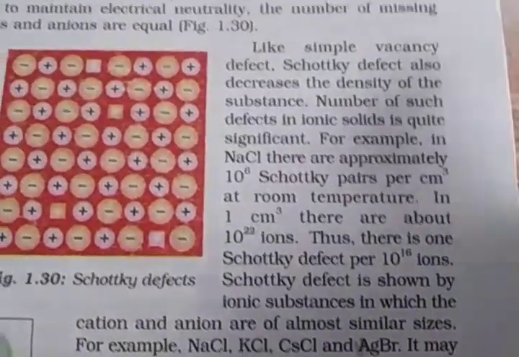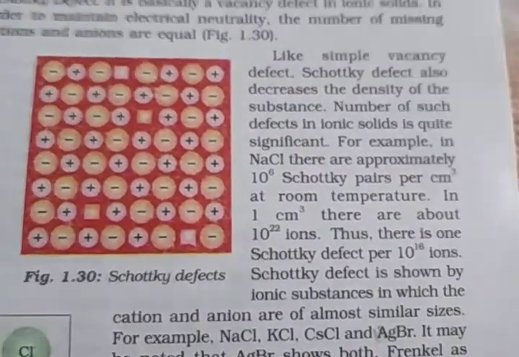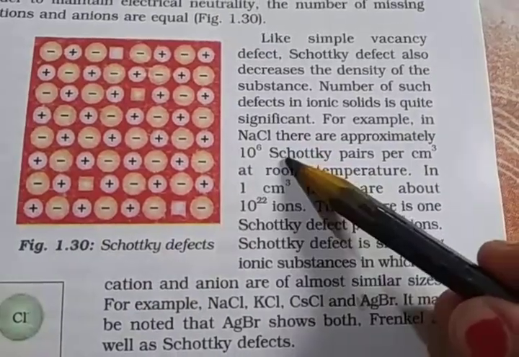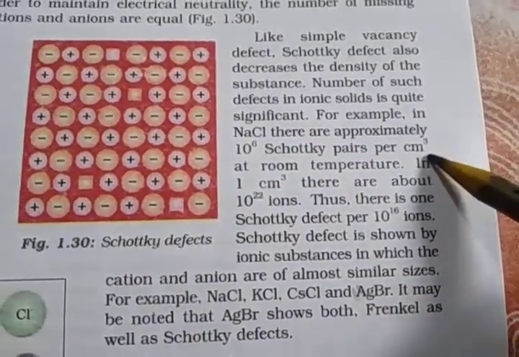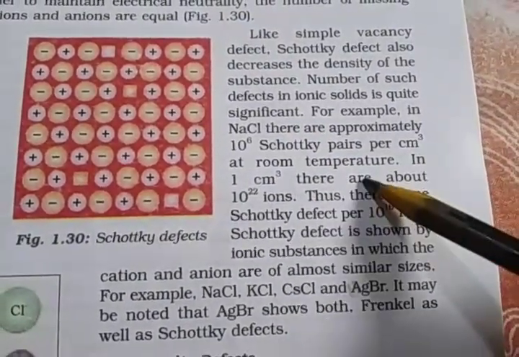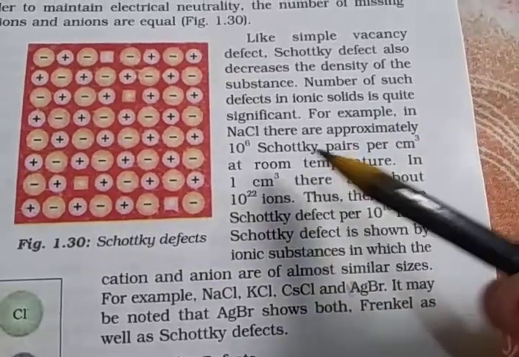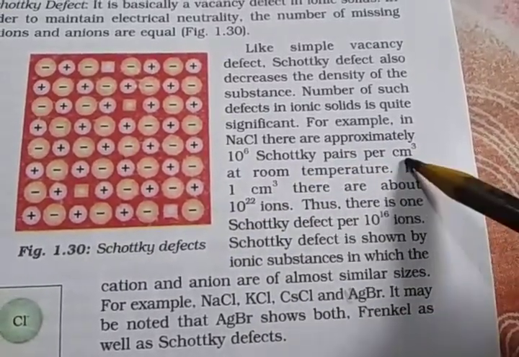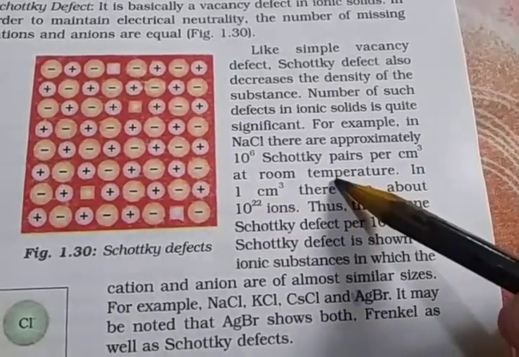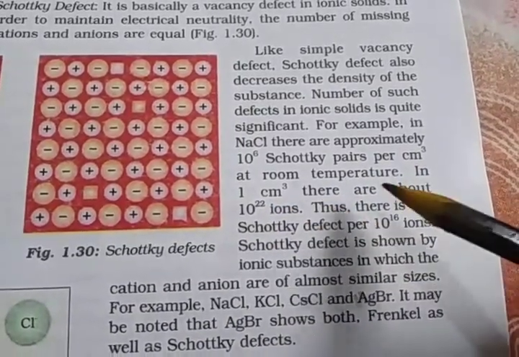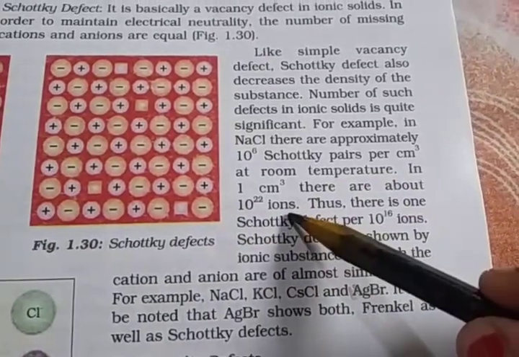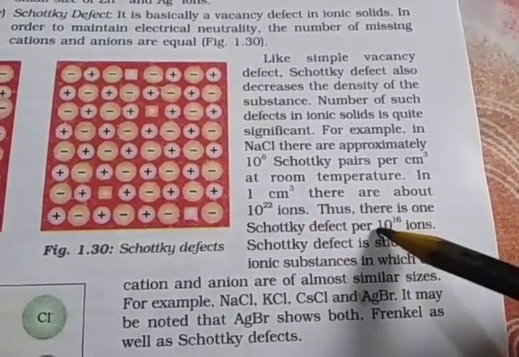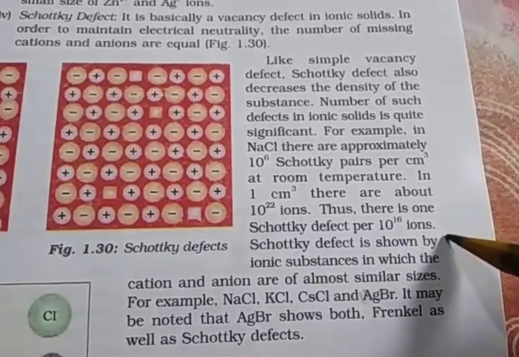For example, in NaCl there are approximately 10⁶ Schottky pairs per centimeter cube at room temperature. In 1 centimeter cube there are about 10²² ions, so there is one Schottky defect per 10¹⁶ ions.